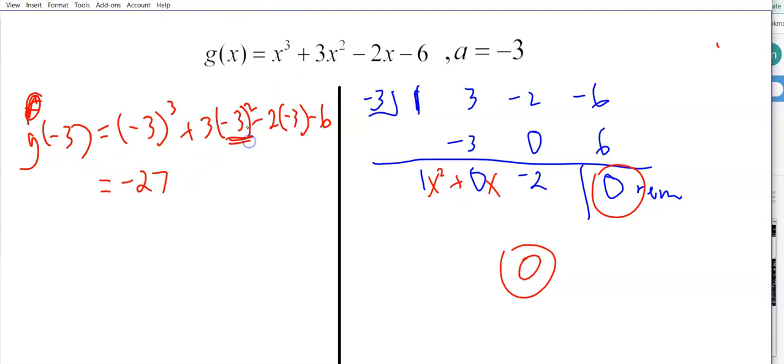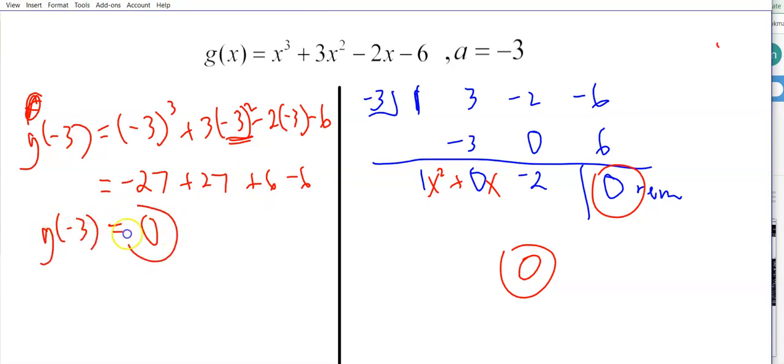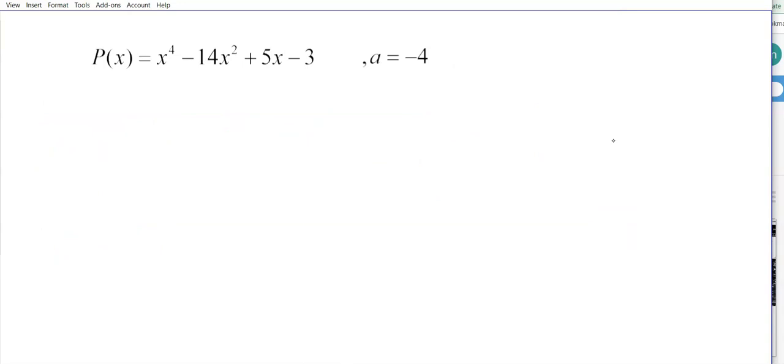This is actually +9 times 3, which is +27. Oh, that's weird. +6 minus 6. That's weird. They seem to cancel each other out. I think I got 0. So g of -3 is 0, which is my answer over here as well. It's just the remainder. With these kinds of problems, they talk about synthetic substitution. Remainder is the answer there.